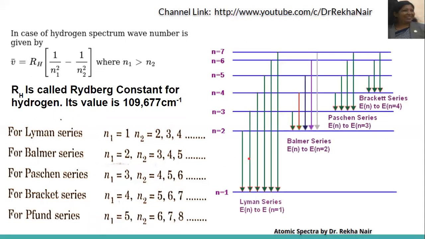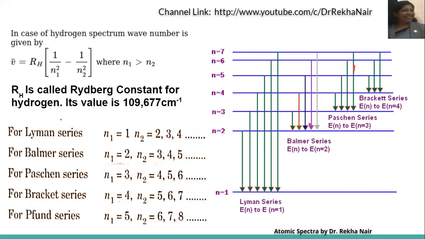You can see the series also. When the electron jumps from all other states to the n equal to 1 state, we get the Lyman series. So we are getting transitions from 2, 3, 4, 5, 6, etc. to n equal to 1. In the Balmer series, we have higher states to the second state, n equal to 2.